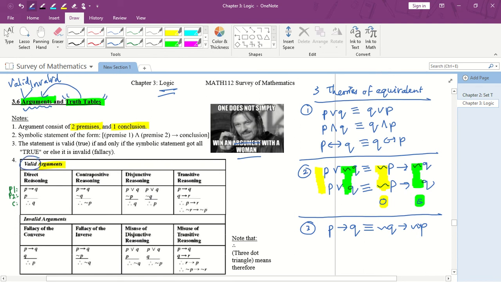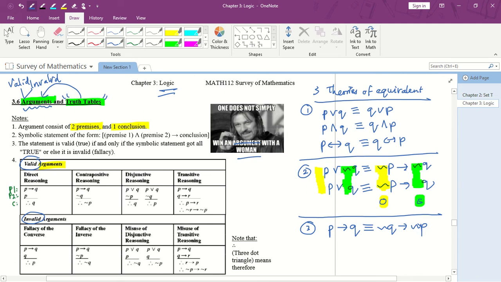First we talk about the four valid arguments, then the four invalid arguments below. If the first premise is P conditional Q, the second premise is P, and the conclusion is Q, then it is direct reasoning. For contrapositive reasoning, given P conditional Q, if premise 2 is negation Q, the conclusion should be negation P.